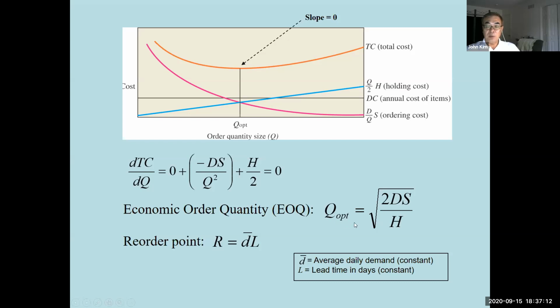So Q optimal equals the square root of 2 times annual demand times order cost divided by holding cost per unit. And then reorder point R equals daily demand or average demand times lead time.